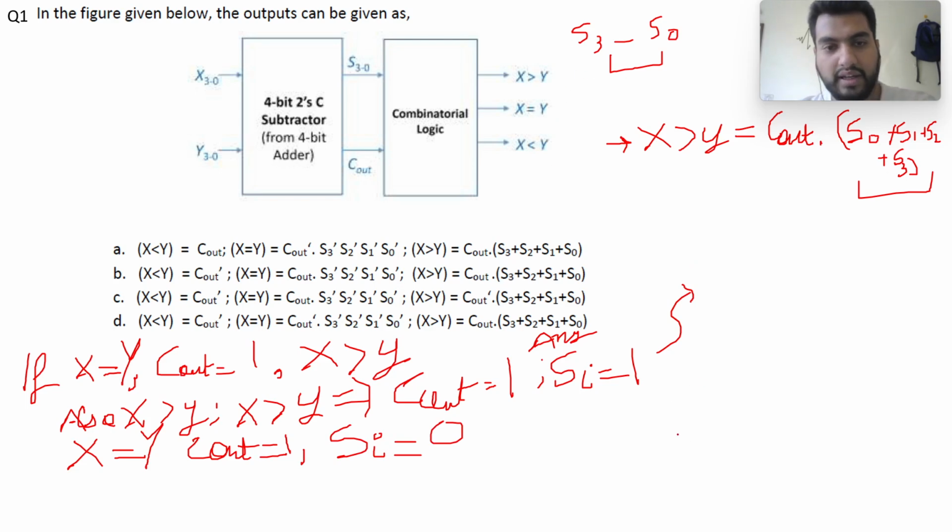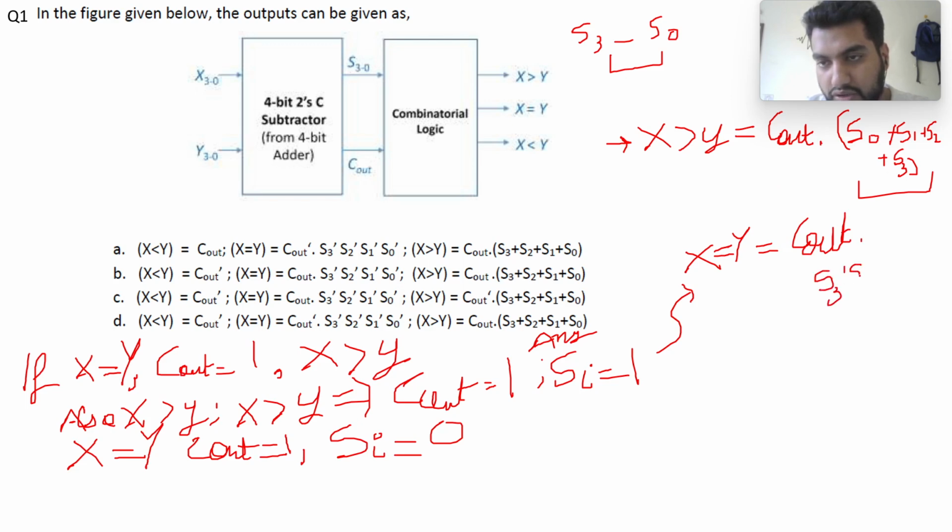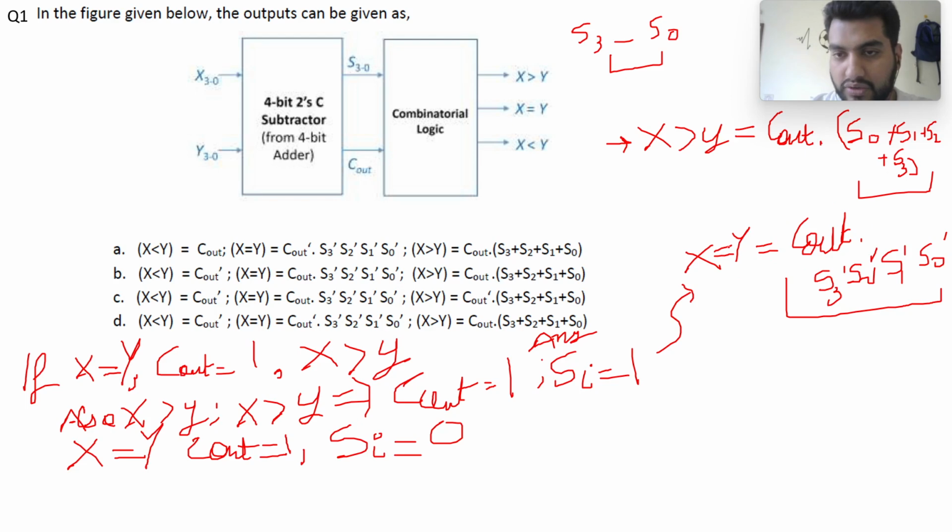This can be written in the form of a combinational logic: for x equal to y, C out equal to 1 just like here, and this is ANDed with S3 complement, S2 complement, S1 complement and S0 complement. If you carefully look at this logic, it is 1 only when C out is 1 and S3, S2, S1, S0 are all equal to 0. So we have this for x greater than y and for x equal to y.